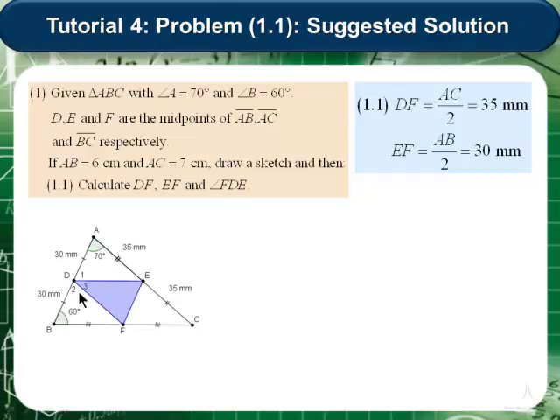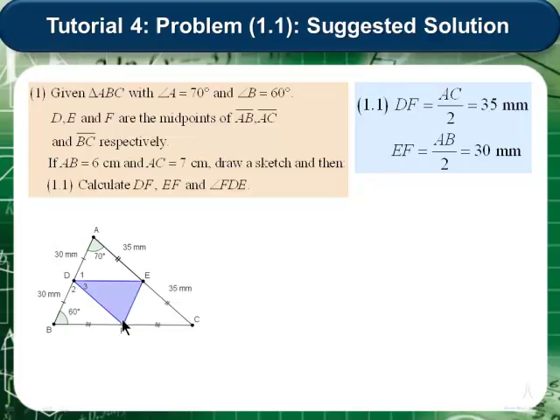If we look at DF, what do we know? We know that D and F are midpoints. Therefore, according to the midpoint theorem, DF will be equal to half the length of line segment AC, and that is 35 millimeters.